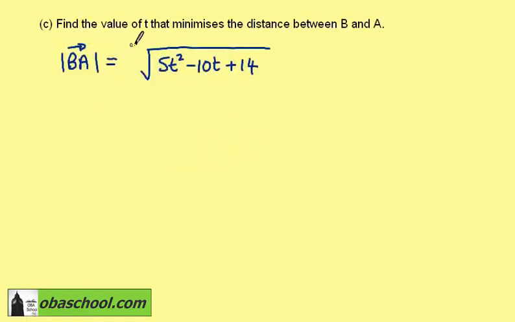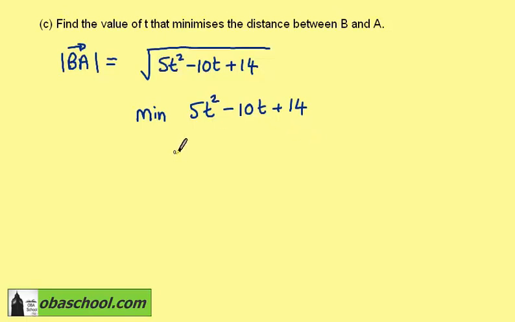We now want to find the value of t that minimizes the distance between B and A. If we minimize the expression in the square root, we'll minimize the whole expression. So we only need to minimize 5t squared minus 10t plus 14.